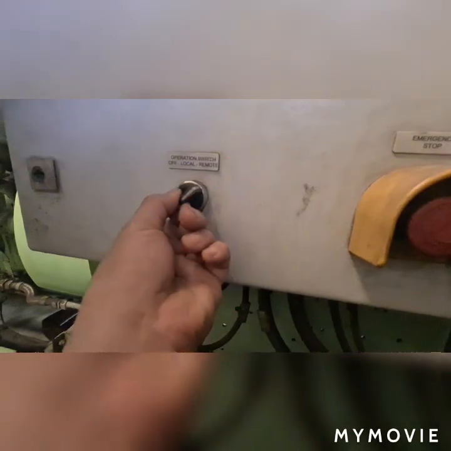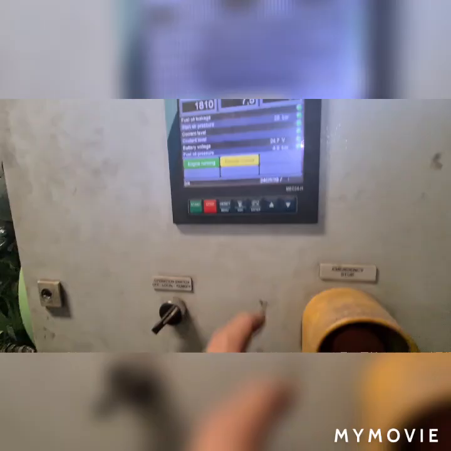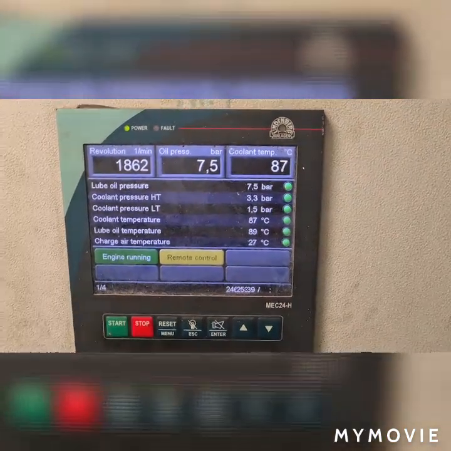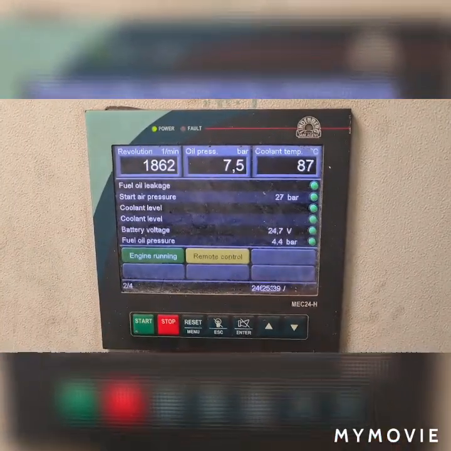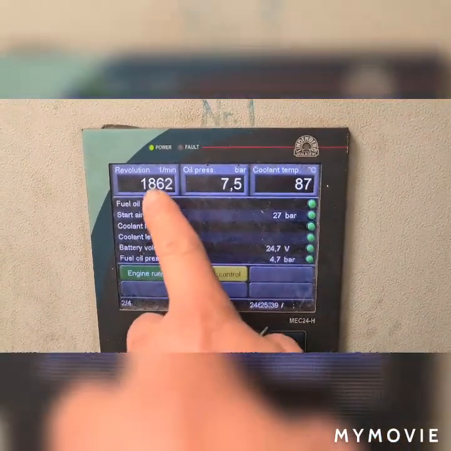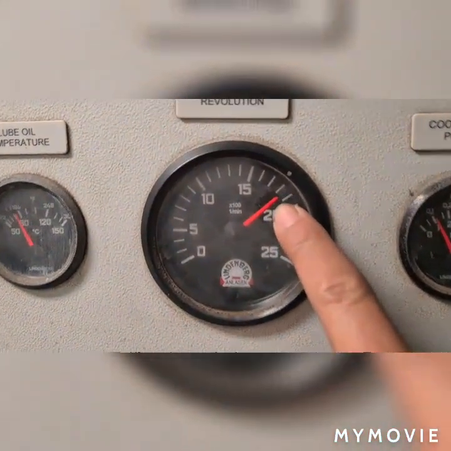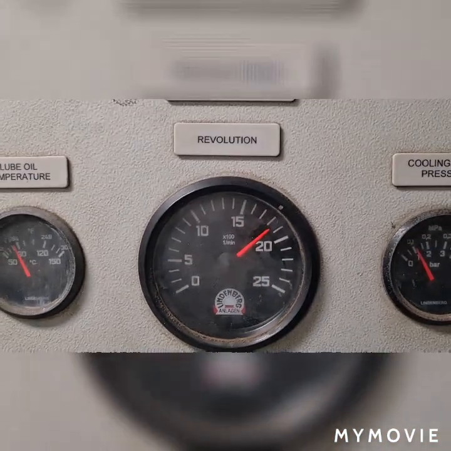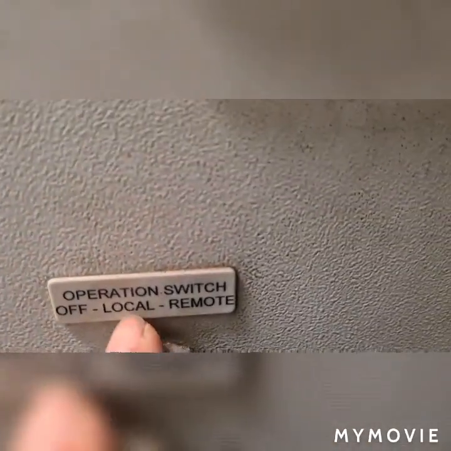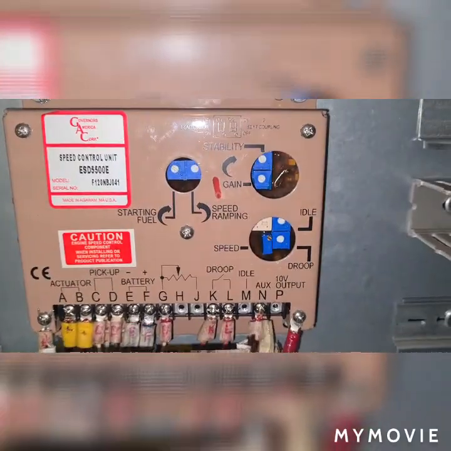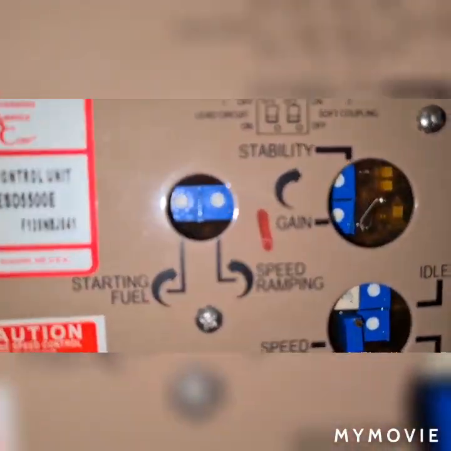So from local, we put it in the remote, but we check the RPM, we see that the rated RPM of 1,862 revolutions per minute is too high compared with our rated RPM value of 1,800 RPM. So from remote, we put it in local.